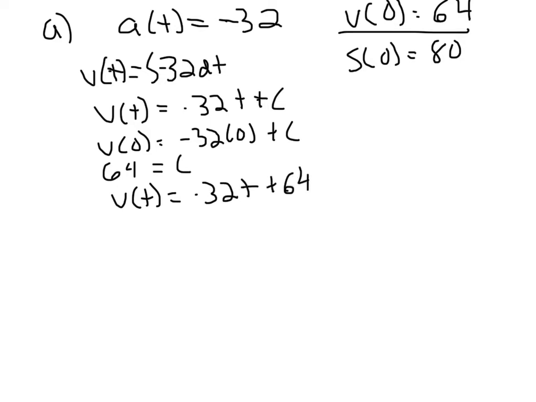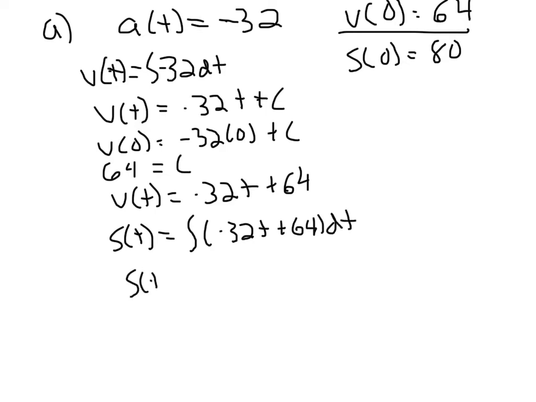To get my position function, S of t, or the height of the ball, I would integrate negative 32t plus 64 with respect to t, and I would get S of t is equal to negative 16t squared plus 64t plus some c. Again, they tell me that S of 0 is equal to 80.